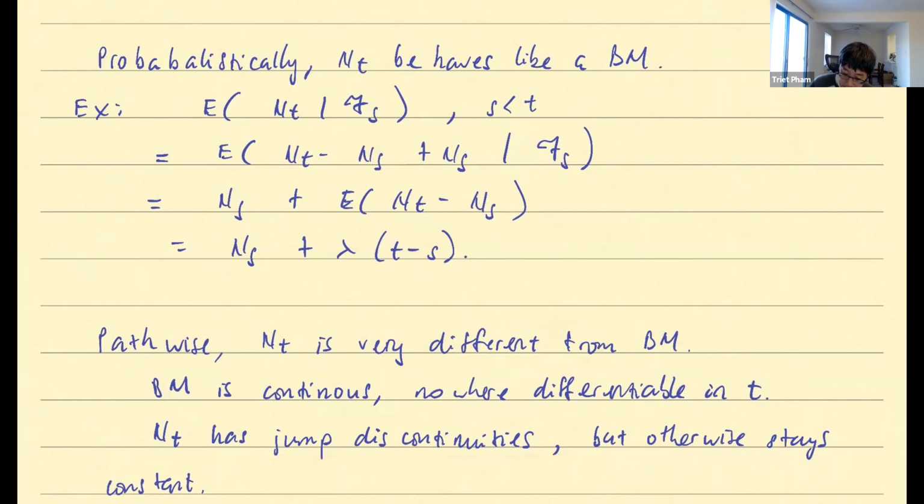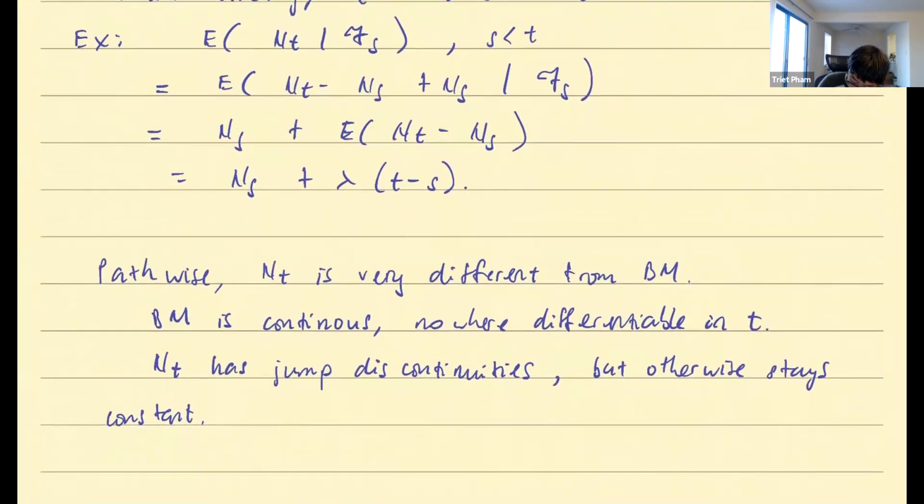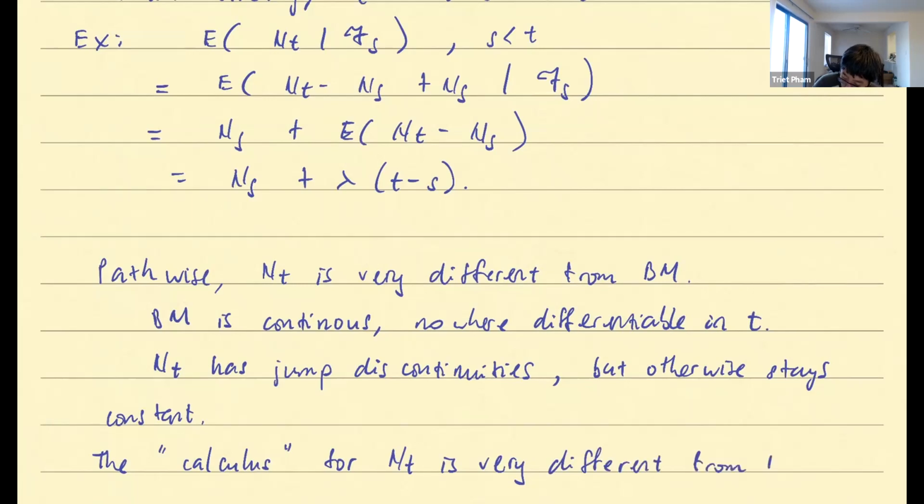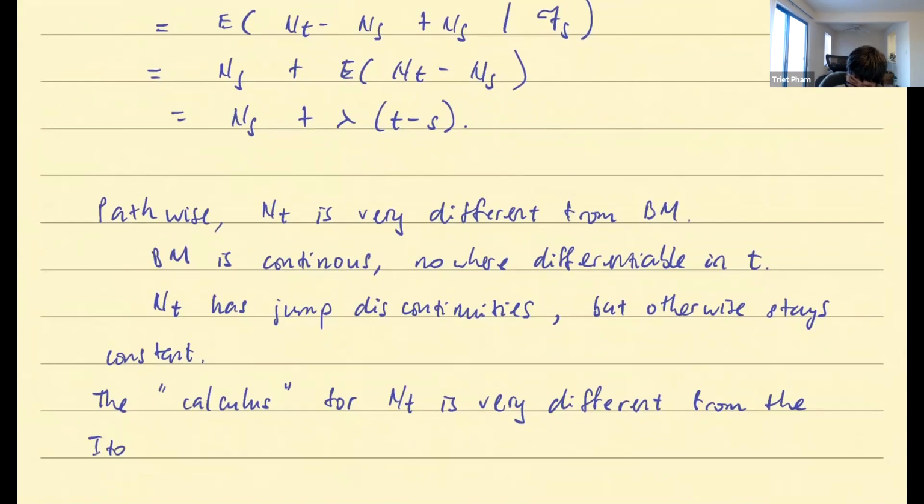So what that means is that in terms of calculus, I mean in quotes, because actually it has jump discontinuity, so it's not really calculus, but we can just say the way we handle the path property of the Poisson process is very different from the Brownian motion, from the Ito calculus. All right. So I want to point out these two observations.